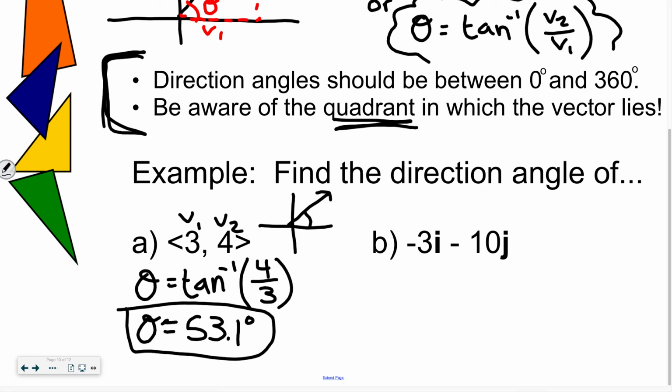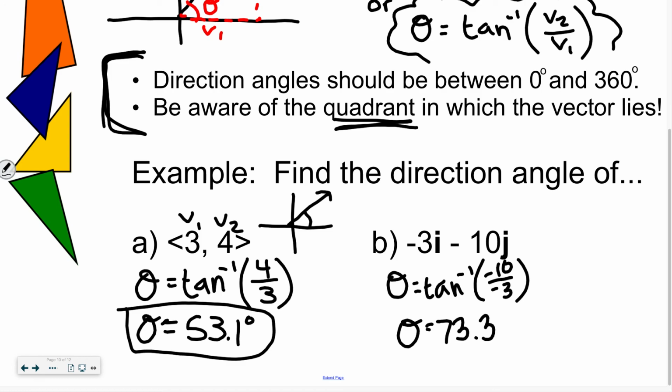In this problem, I would do theta equals the inverse tangent of negative 10 over negative 3. And my calculator is going to give me an answer of 73.3 when I do that. And that angle is between 0 and 360. Does it correspond with the quadrant in which negative 3i minus 10j lies?